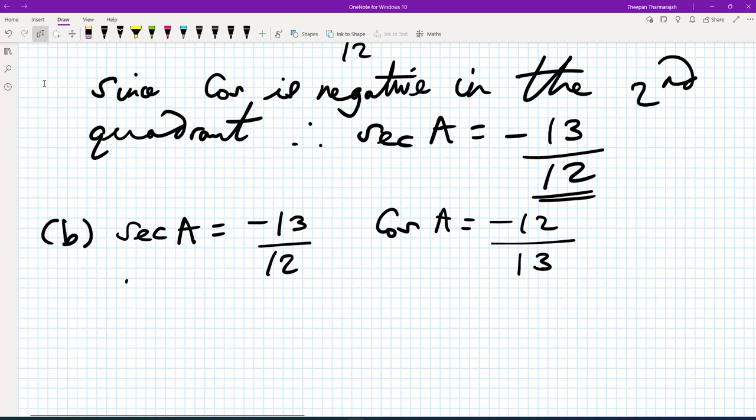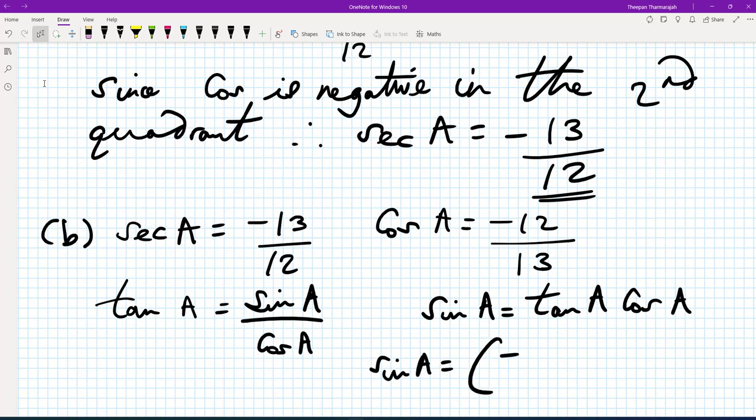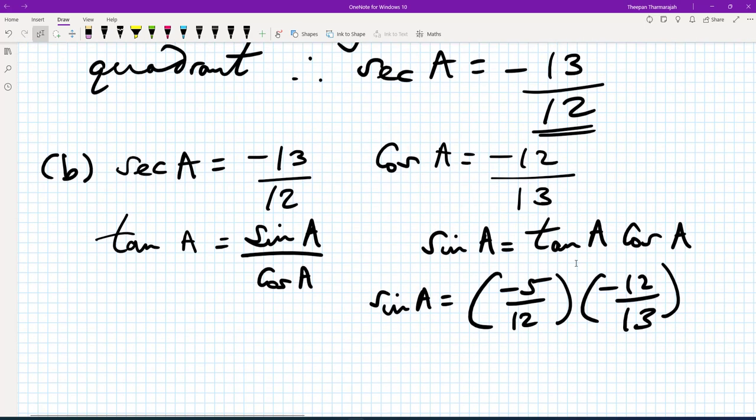And then we can say that tan A is sin A over cos A. So sin A is tan A times cos A. In our case, sin A is minus 5/12 times minus 12 over 13. So we get sin A is 5 over 13.